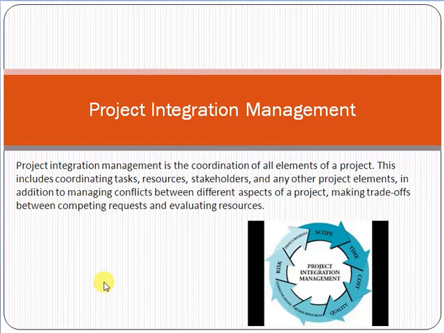All those factors are what you are integrating. What are those things? The scope, cost, time, risk, issues, resources, budget. All those things you are integrating. These are examples of integration management.